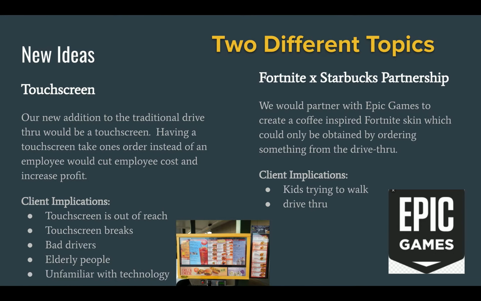Here is too much text as well, but it's two separate topics on the same slide. Whereas that other one should have been reformatted, this is easily two different slides for starters. Because are we about touchscreen or about Fortnite?